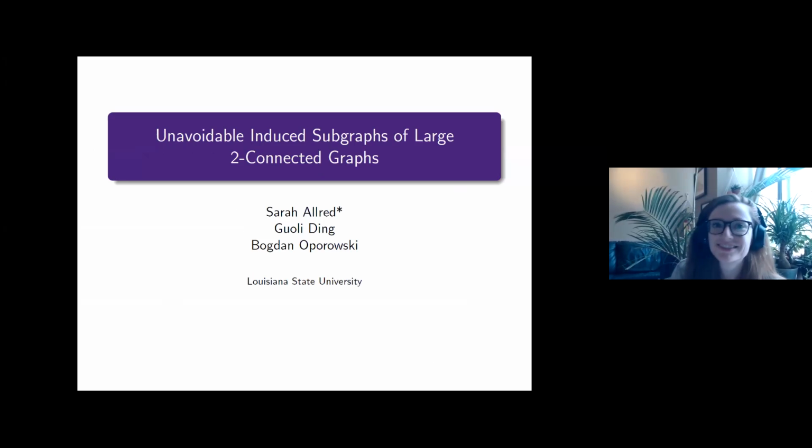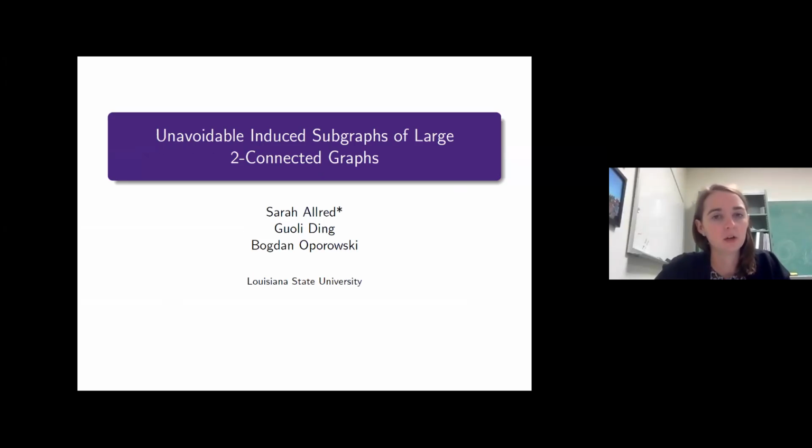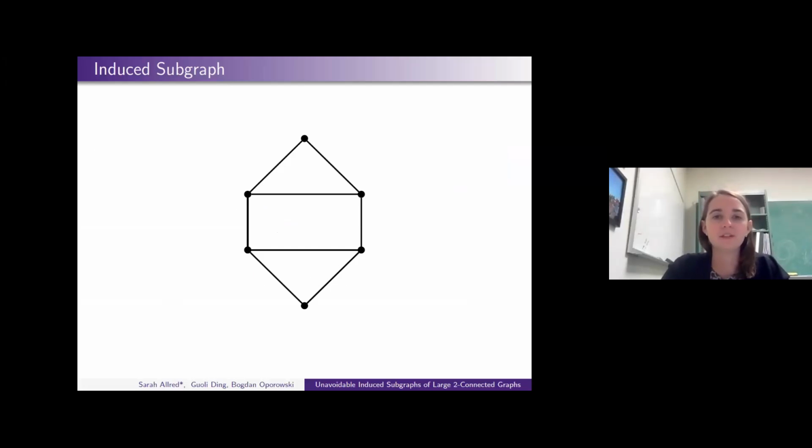All right, so like she said, I'm going to talk about induced subgraphs. The first thing I want to do is define what an induced subgraph is. With induced subgraphs, the only operation we are allowed to make this graph smaller is to delete vertices.